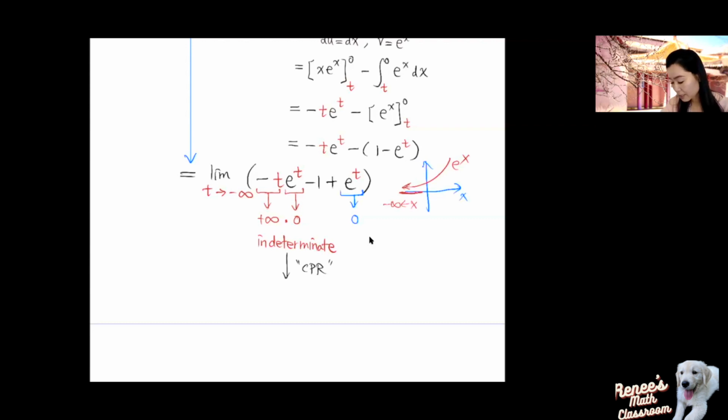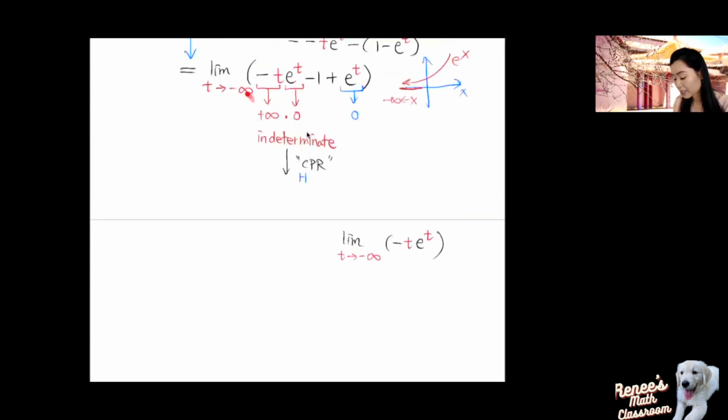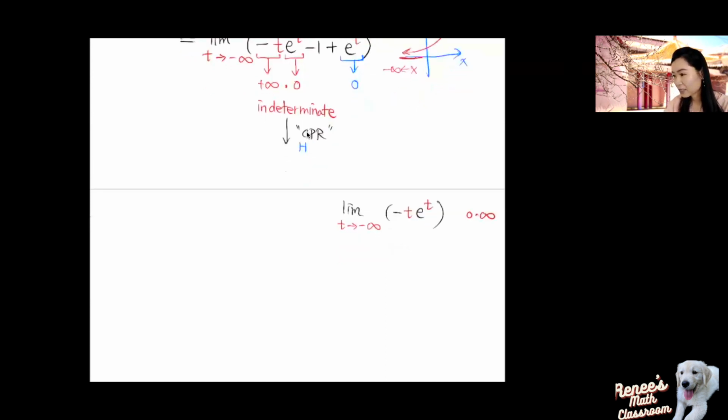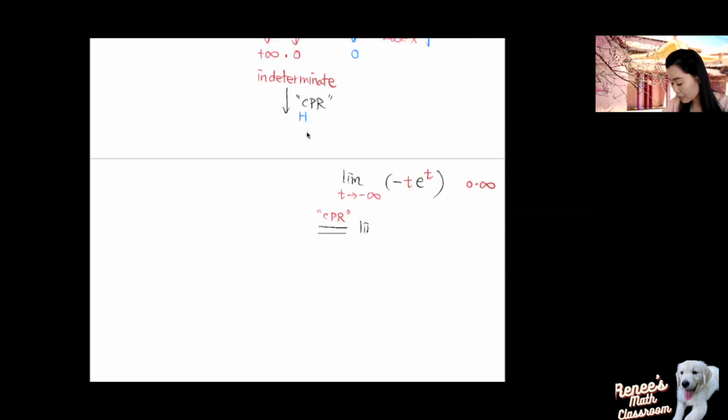So when we take the limit, this is negative t times e to the t. We focus on finding this limit, and I know that it is 0 times infinity type. So we need to do some CPR. How do we deal with this?